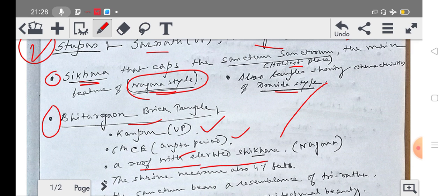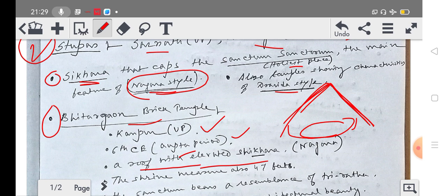Shikhara means this type of elevation, which ultimately tapers to an end and bounds the sanctum sanctorum, the holiest place of a temple. Okay, this type is known as shikhara.